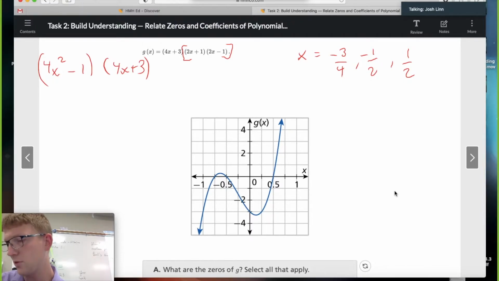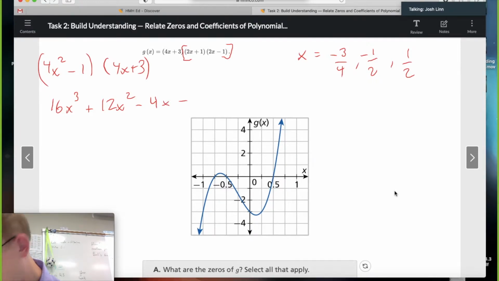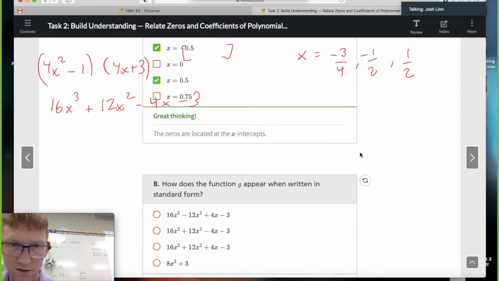So 4x squared times 4x is going to be 16x cubed plus 4x squared times 3 is 12x squared minus 4x minus 3. And we have no like terms, so there we go. It is in standard form.